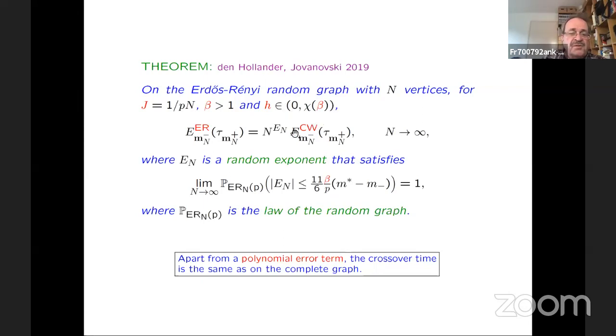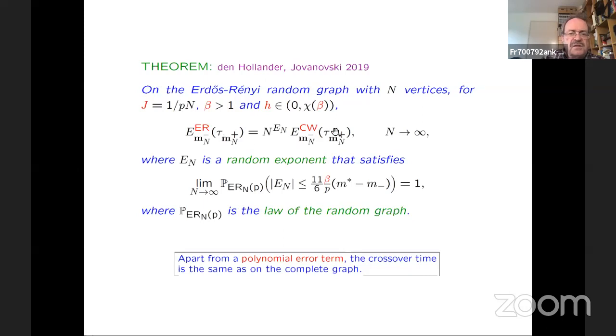And what we were able to do is to compare the metastable crossover time on the Erdős-Rényi random graph, with a slightly changed interaction parameter, 1 over Pn rather than 1 over n, with the formula for the Curie-Weiss model.